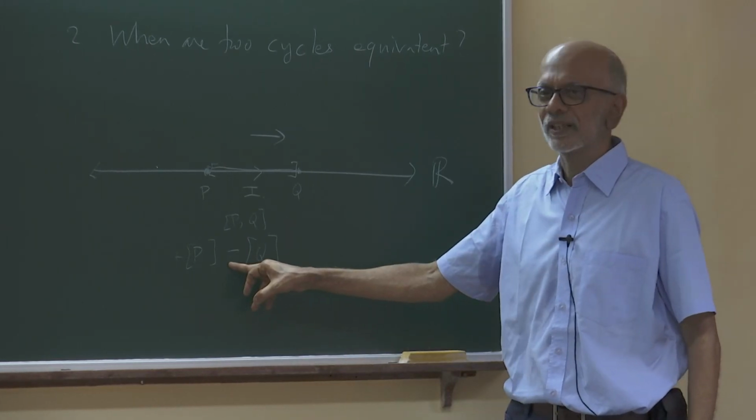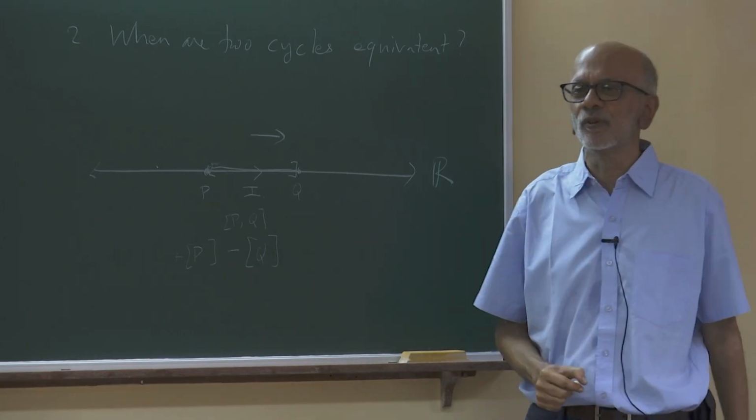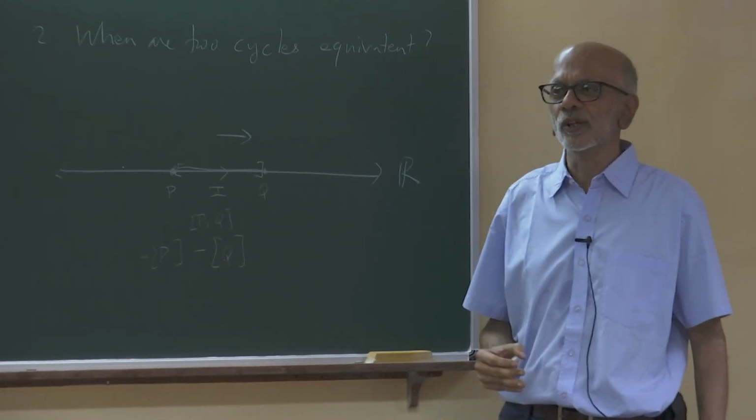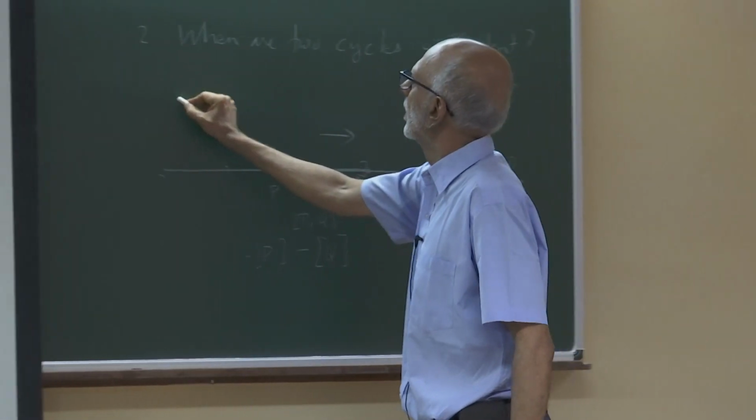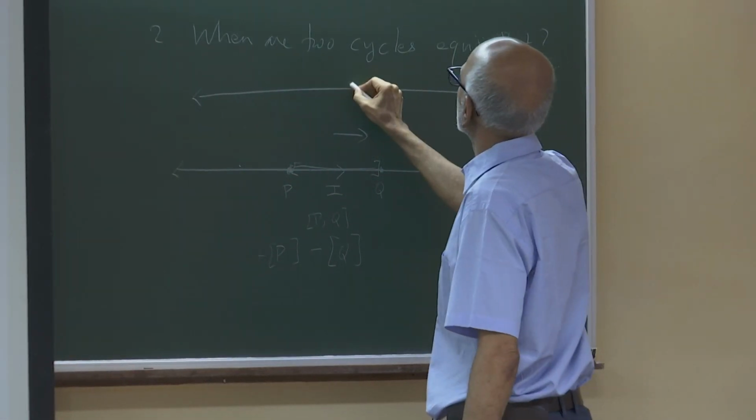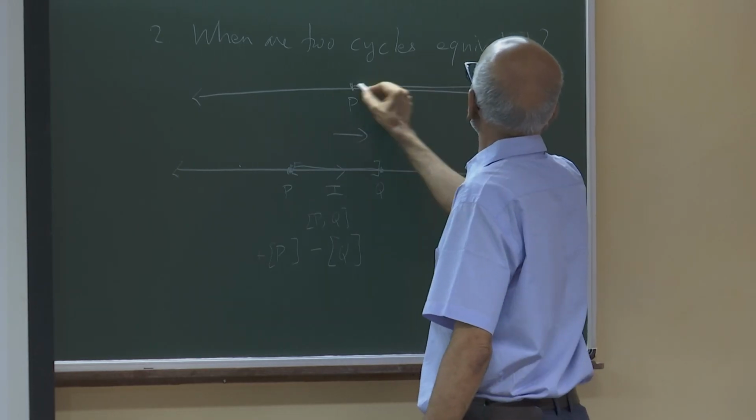So this is the boundary of this. So this I am going to put to be equal to 0. So any point is going to be equivalent to any point, but something even more terrible is going to happen. I take this point P and I take this half line.